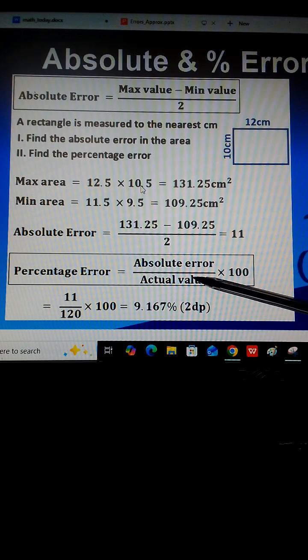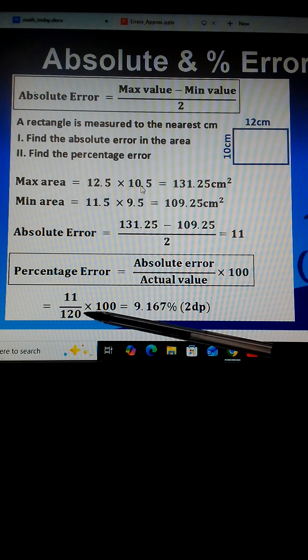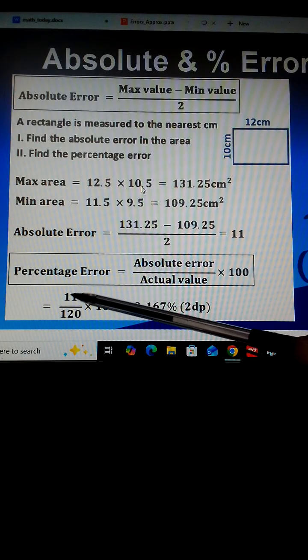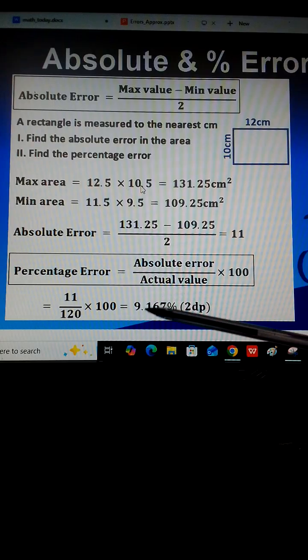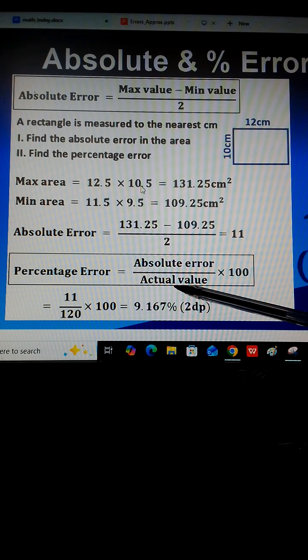The actual value of the area here is 10 times 12, you get 120 square centimeters. So 11 square centimeters divided by 120 square centimeters times 100, you get 9.167%, correct to 3 decimal places.